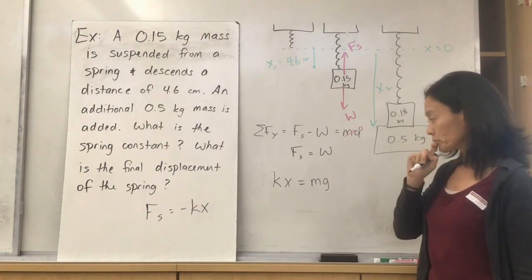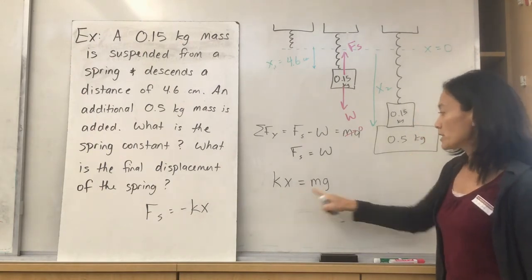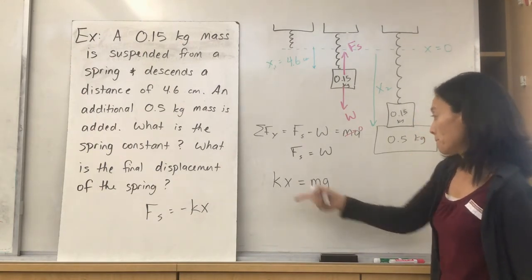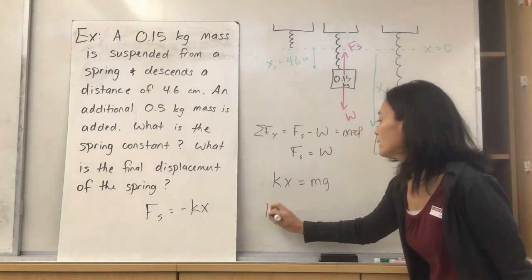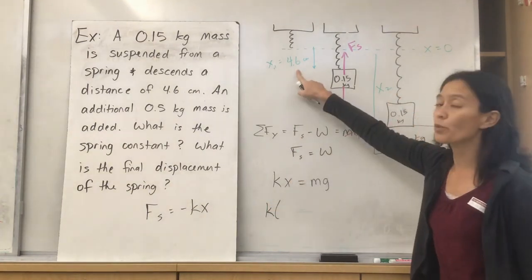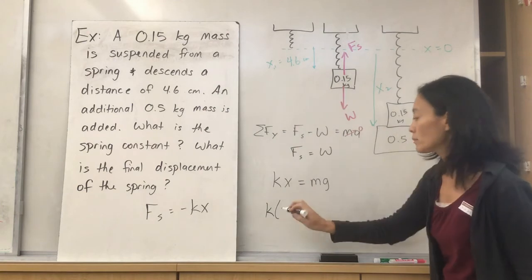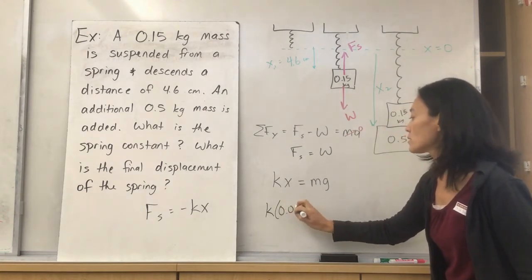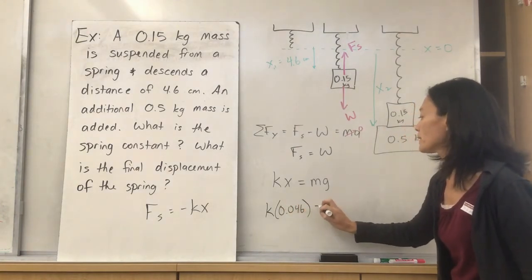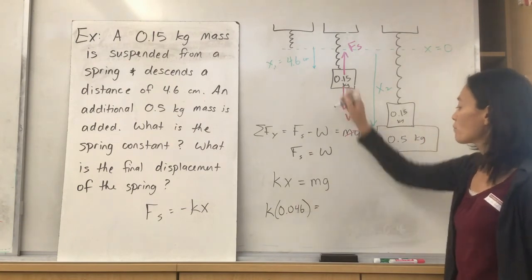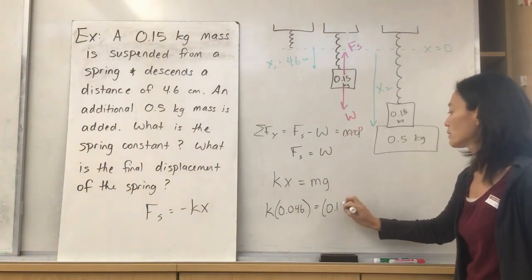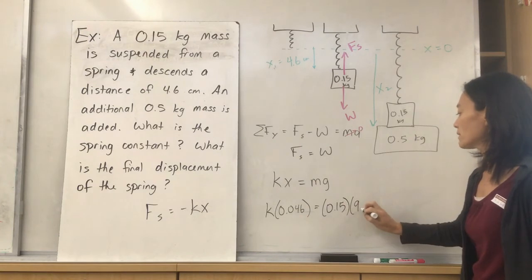Okay? So now I just need to plug and chug. So k, my x value is 4.6 centimeters, so I have to be careful. That's 0.046 meters, equal to my mass of 0.15 times gravity of 9.8.